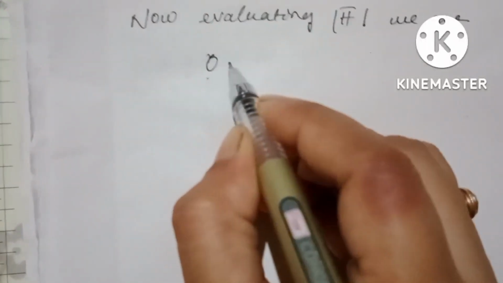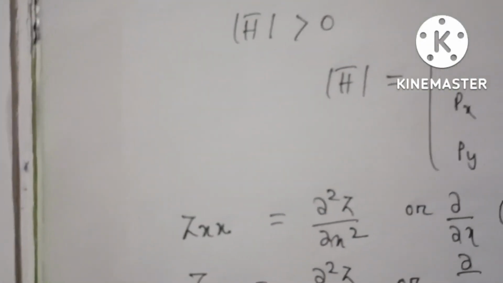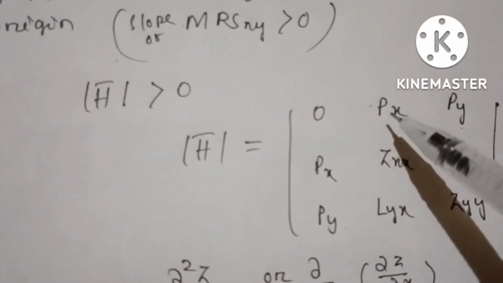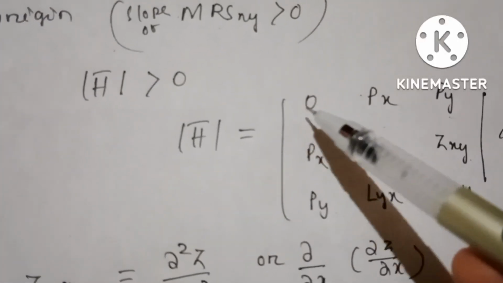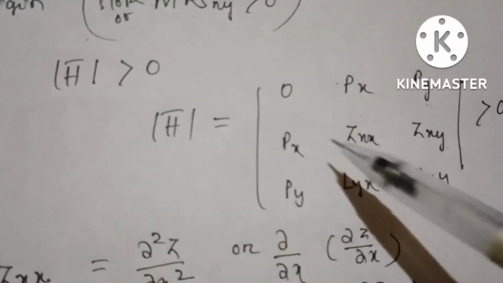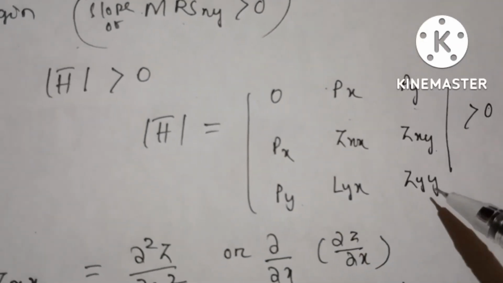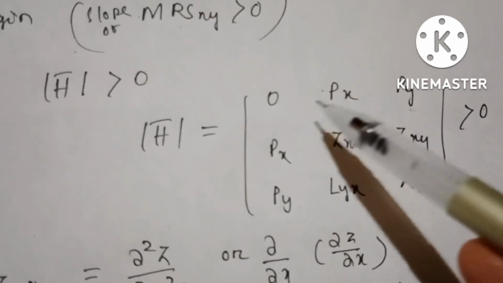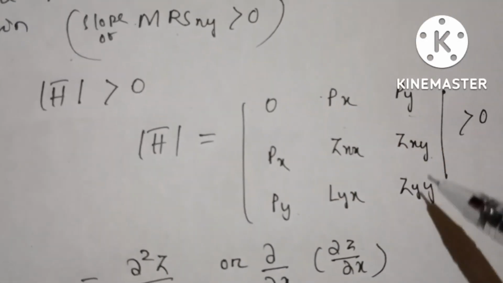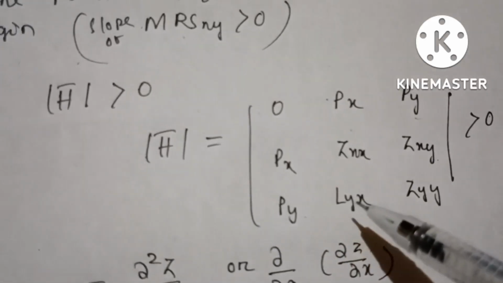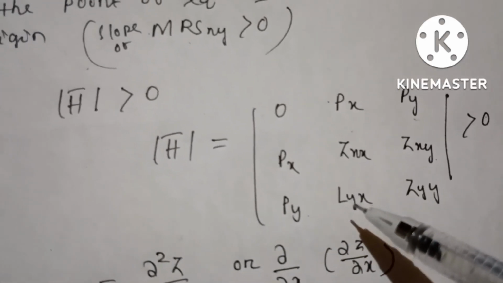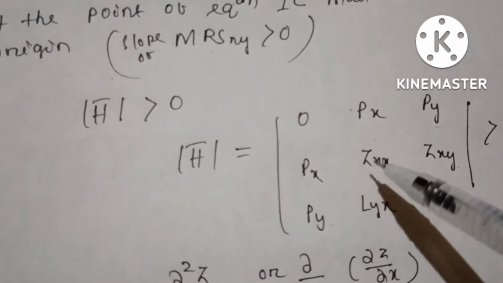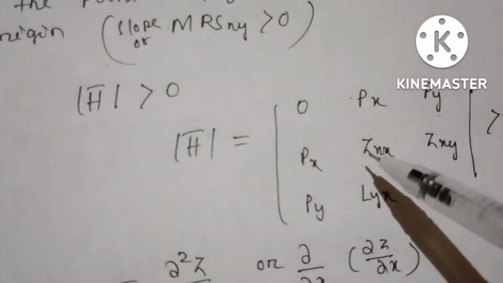So this becomes 0 minus px into this row, this column deleted, so this one multiplied with this and minus this one into this. The next, minus py into this row, this column deleted: px into zyx, and minus this one, py into zxx.